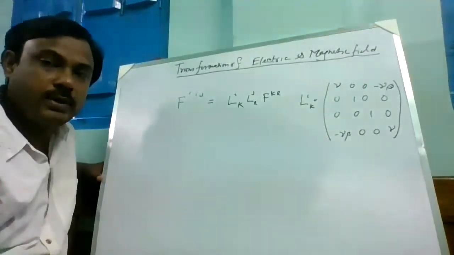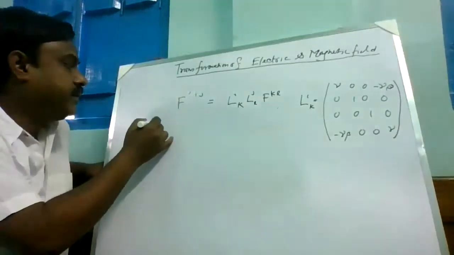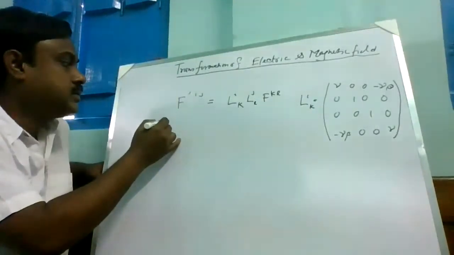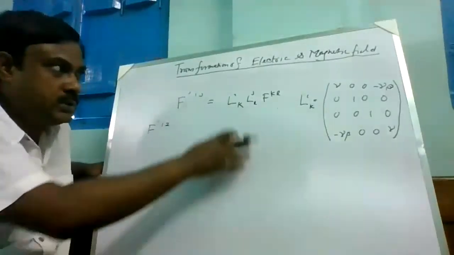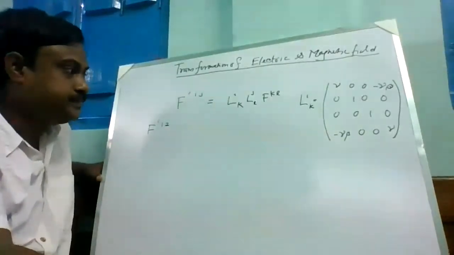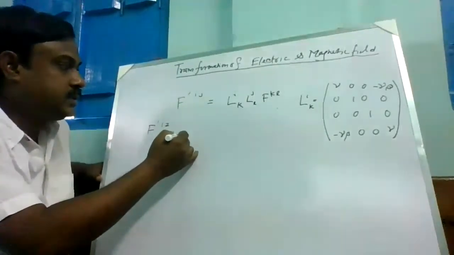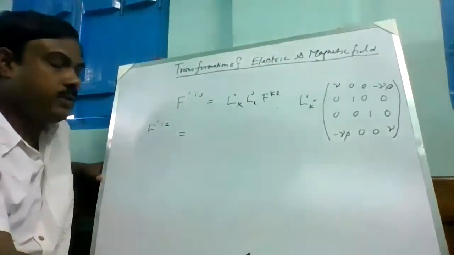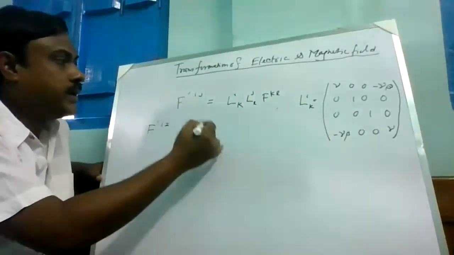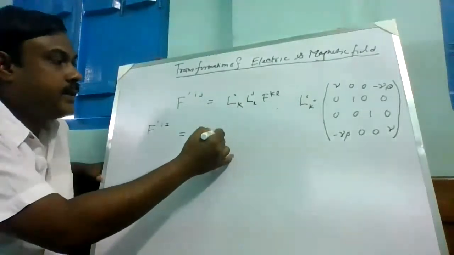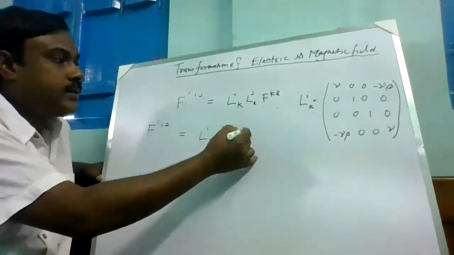You calculate component wise. For example, I am taking F dash 12. F 11 will be equal to 0, as you can see, because it is antisymmetric. So F dash 12 equals L 1k L 2l F kl.